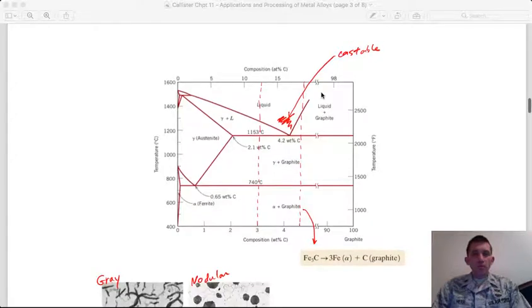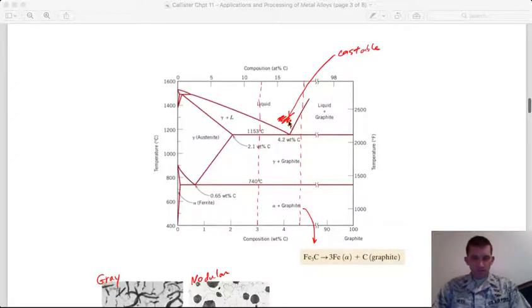I would point out one thing before we go back and talk about the various cast irons here. Before, we talked about this eutectoid region, where we had a phase transition from austenite to ferrite and cementite, but we didn't have a eutectic because we weren't transitioning from a liquid phase into a solid phase.